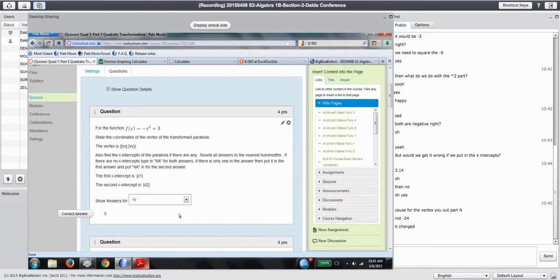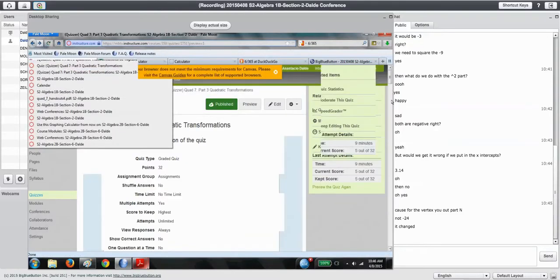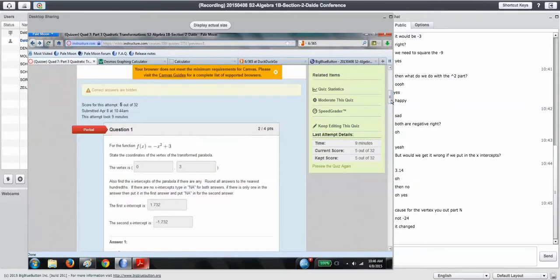I put 1.73. Oh, wait a second. Anyway, the reason why I got this one wrong is because I put 1.732, and the answer is supposed to be 1.73.